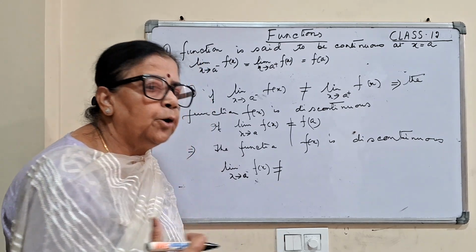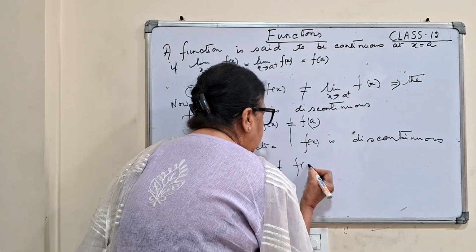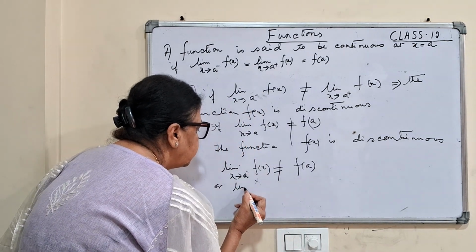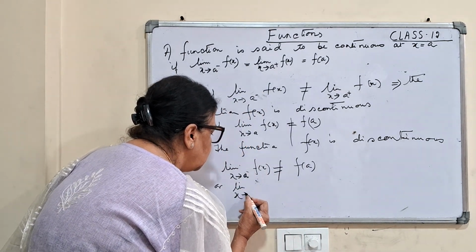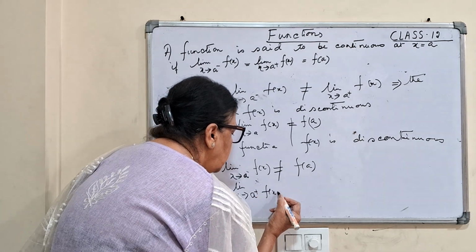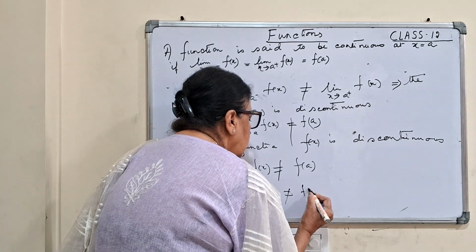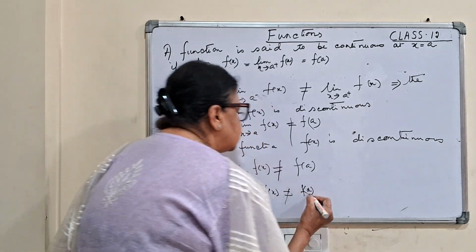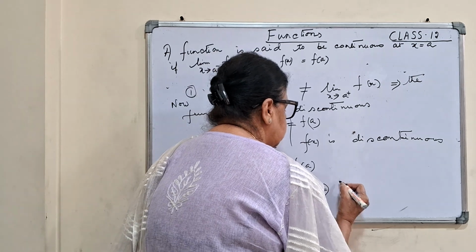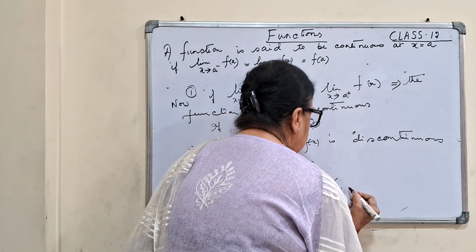is not equal to one of them, the left hand side limit or right hand side limit, f(a), or limit x tends to a plus of fx is not equal to f(a), immediately I can say that fx is not continuous. fx is discontinuous at a.